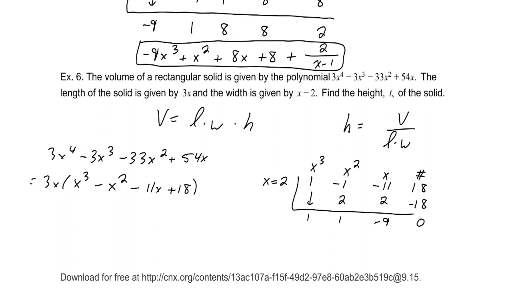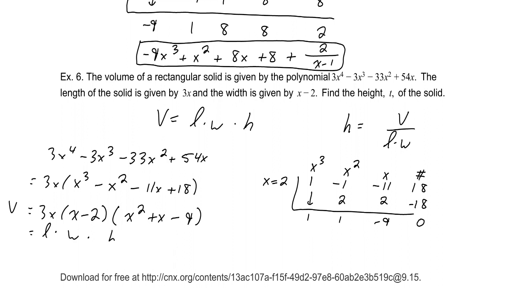Alright, and so this actually factors, again, x minus 2 goes in evenly, as we just saw, with a quotient of x squared plus x minus 9. So this was our volume. And we have our length times our given width times our height.